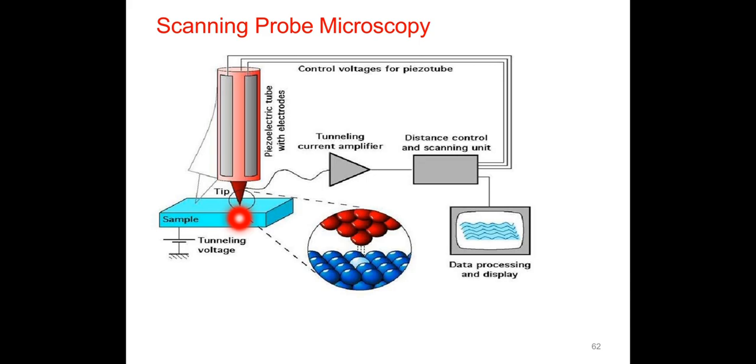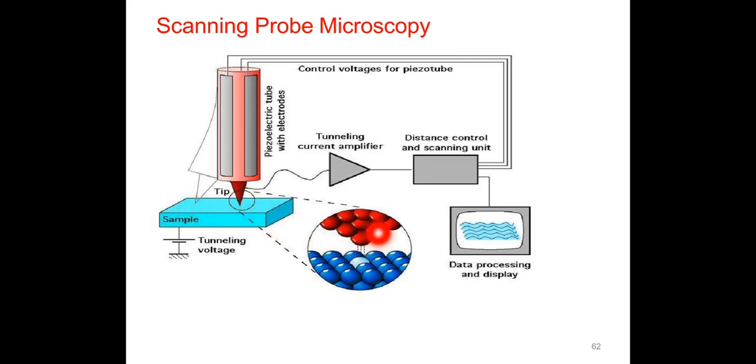So consider one atom here. When we move the specimen either in the left direction or the right direction, from one atom to the other atom, and again to the next atom, very precisely we can move this probe over the surface of the specimen.